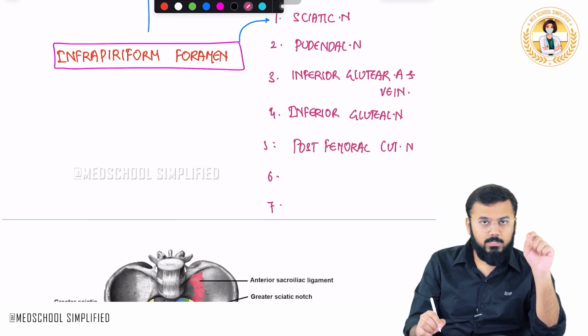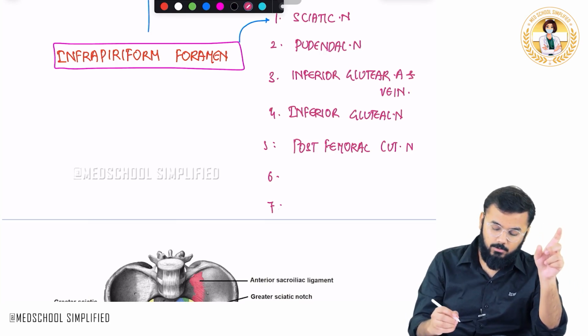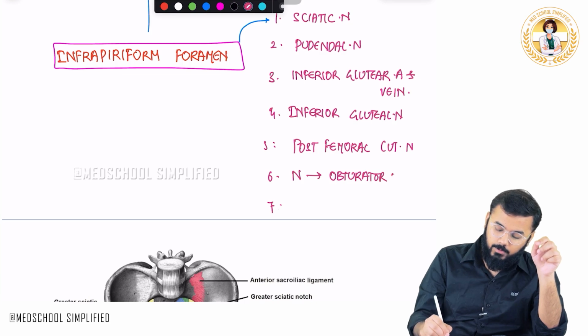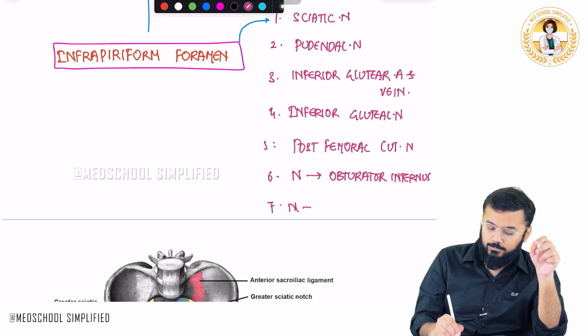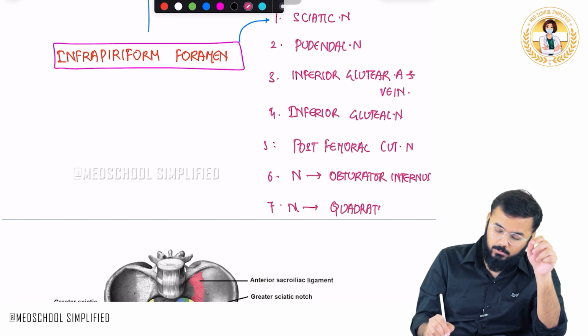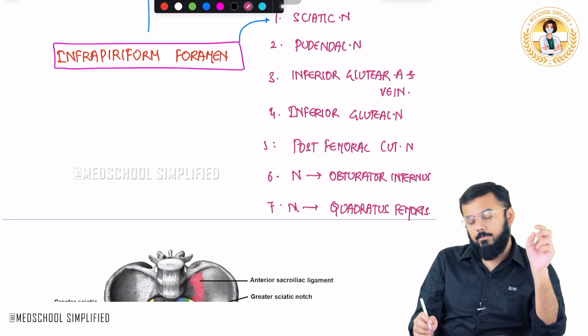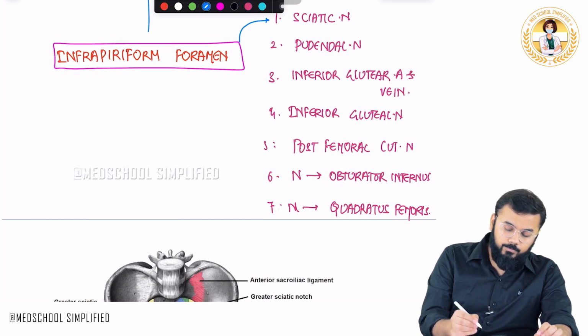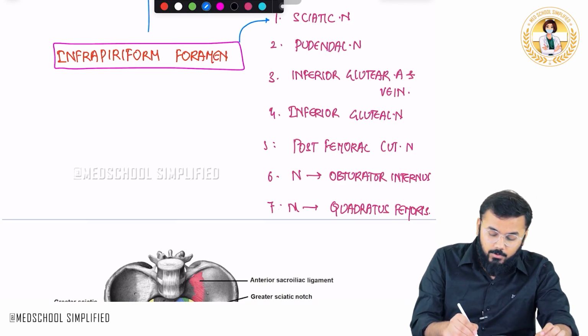Not quadriceps femoris, it is quadratus femoris, which is a single muscle. So nerve to obturator internus. Next is nerve to quadratus femoris. So this is the next important thing that you see over here. These are the important things in the infrapiriform foramen.